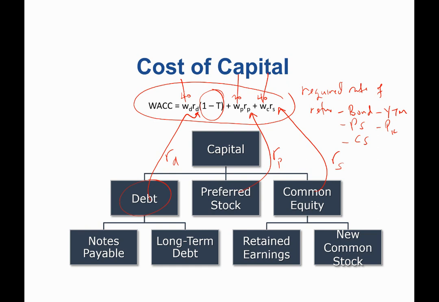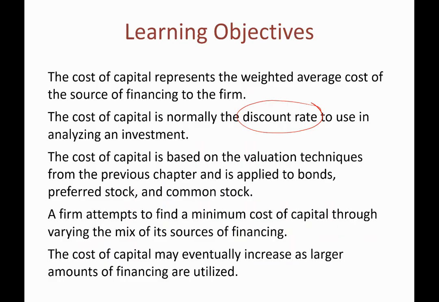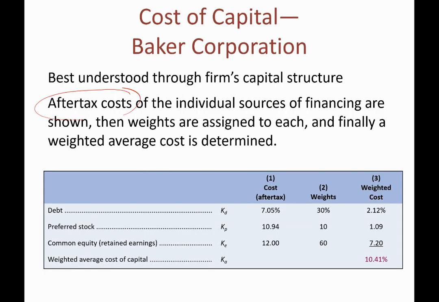That's what you see in this formula: the weight of debt times the cost of debt, but less, of course, the tax, which could be, if that's 20%, 1 minus 20%, or if 25%, 1 minus 25%. Again, we're going to see how this works out. So we are more concerned with after tax cost. In the case of preferred stock, we don't have that issue.